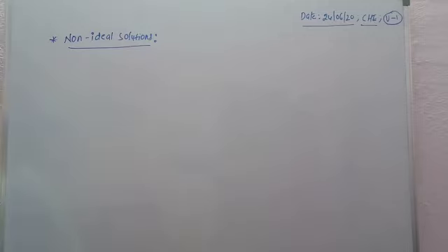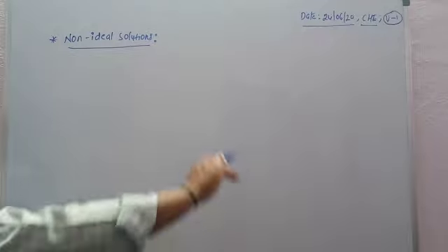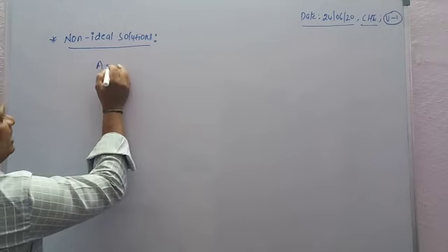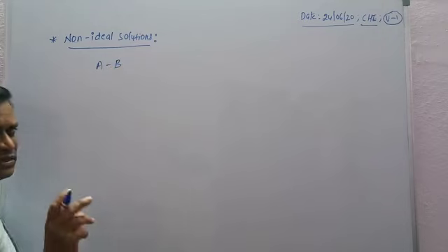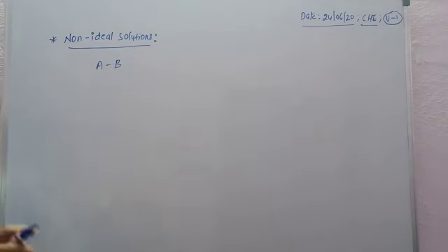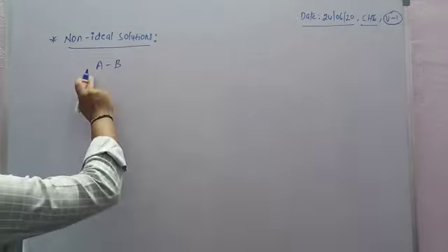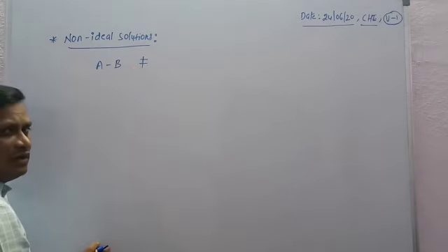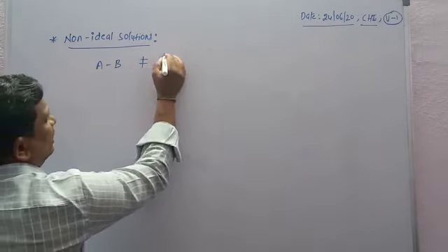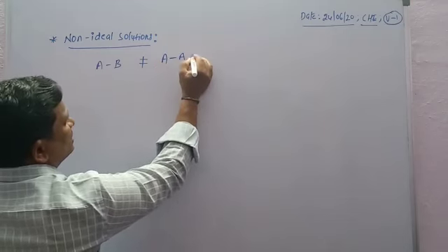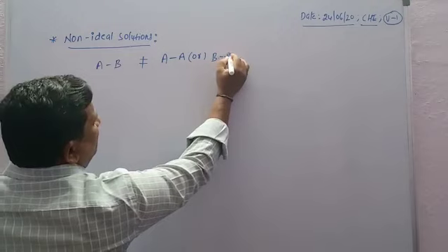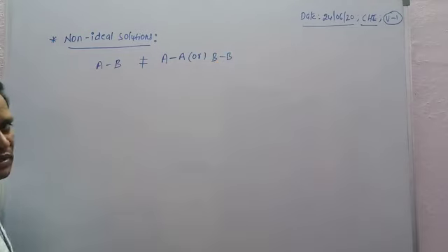So generally in non-ideal solutions, AB interactions, meaning the interactions between A and B, that is solute and solvent, are not equal to AA interactions or BB interactions.